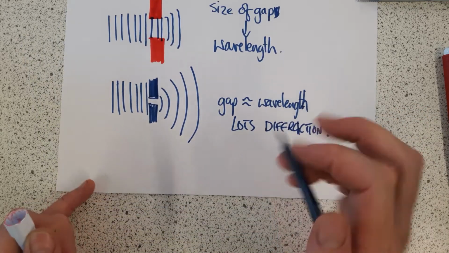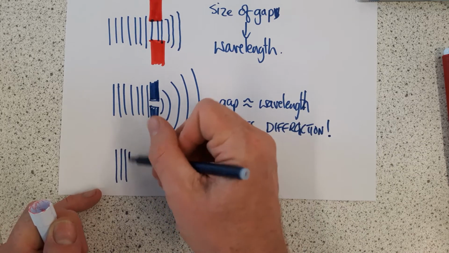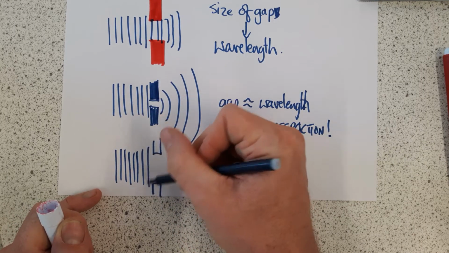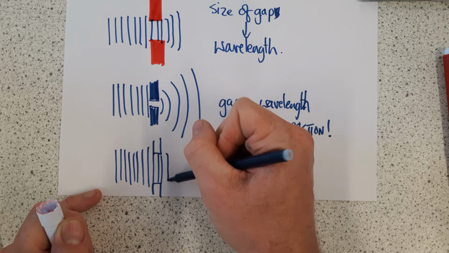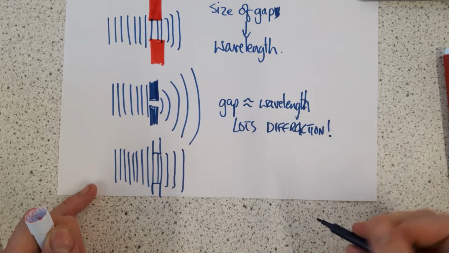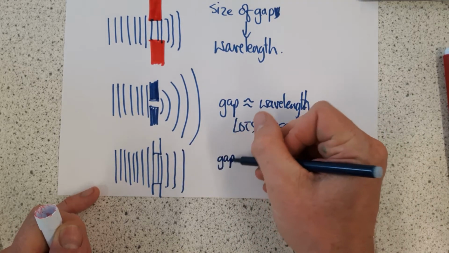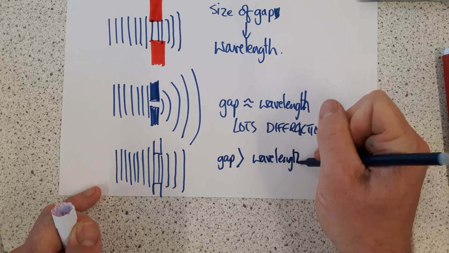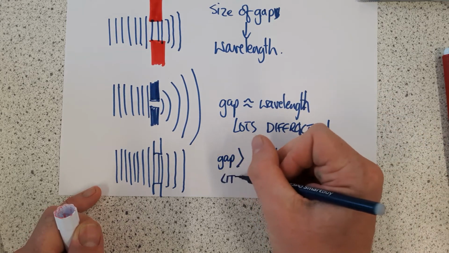If the gap is large compared with the wavelength, then I don't get so much, and so the effect is sort of negligible. So if the gap is much bigger than the wavelength, then I get a little bit of diffraction.